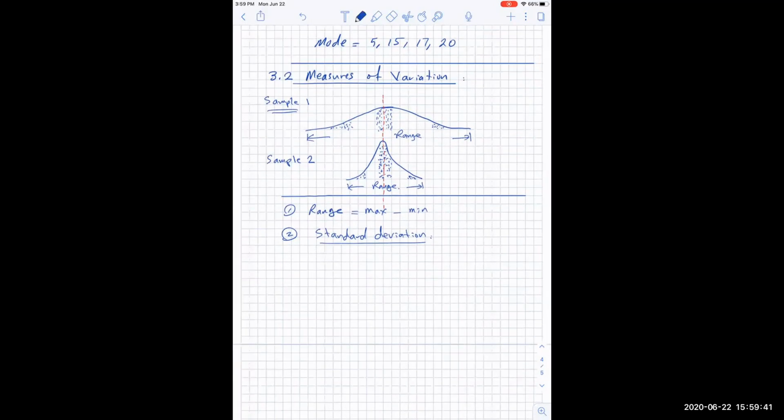The symbol for the standard deviation is S, and this is the sample standard deviation, S. And there is another symbol for standard deviation, which is sigma, and it's for the population standard deviation. Okay.